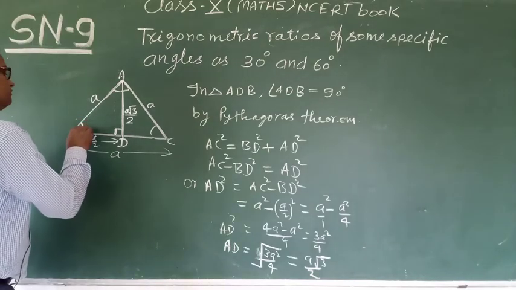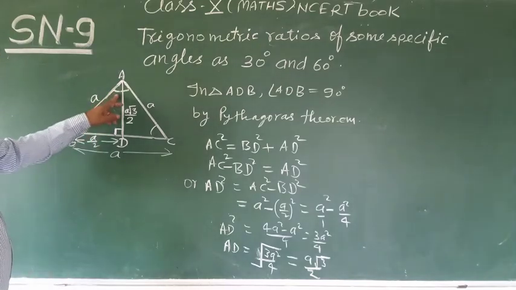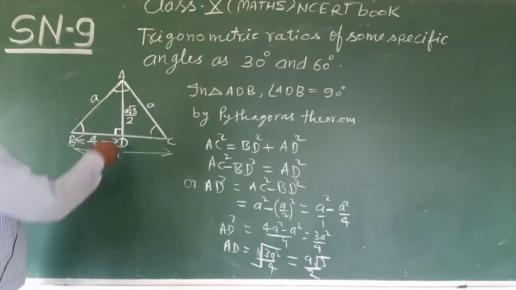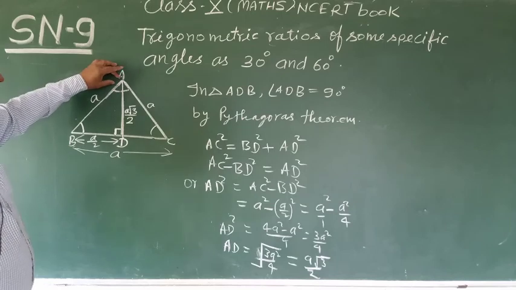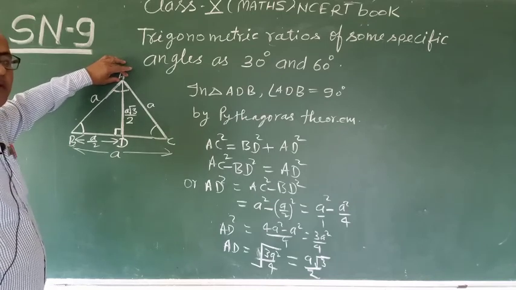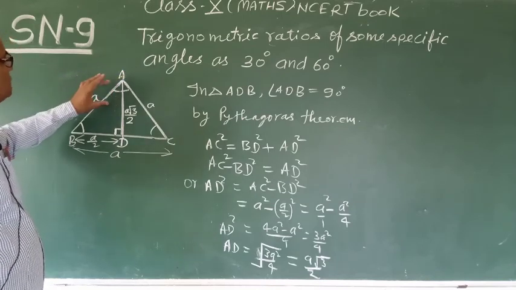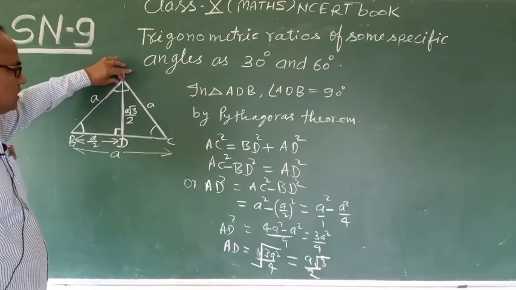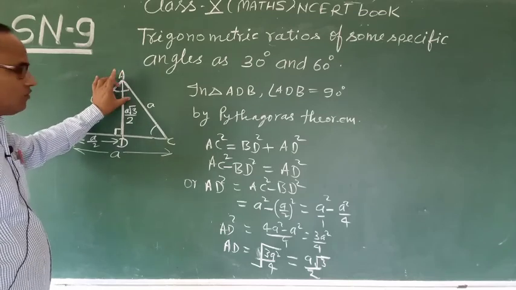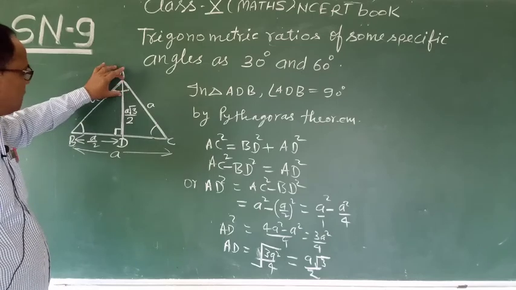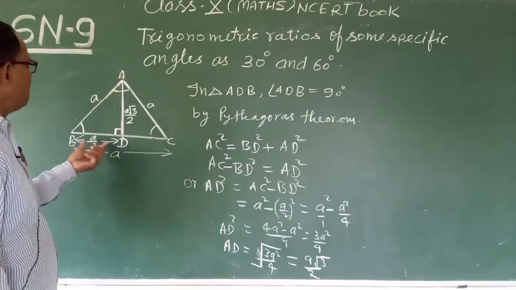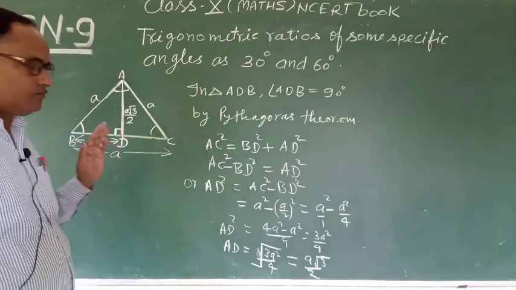Here, this angle: when we draw a perpendicular line from the vertex in an equilateral triangle, the vertex angle is divided into two equal parts, it bisects angle A, and the front side is divided into two equal parts.